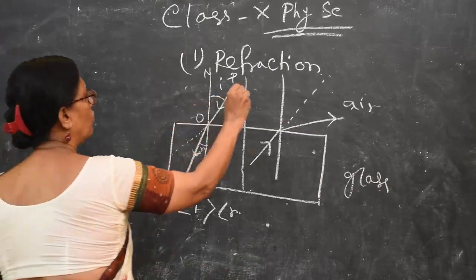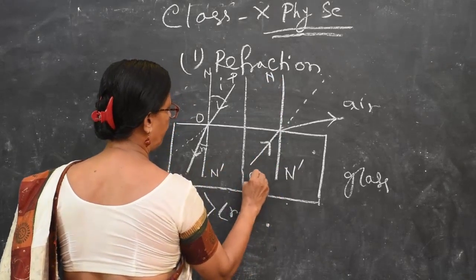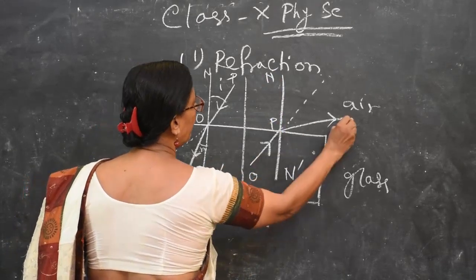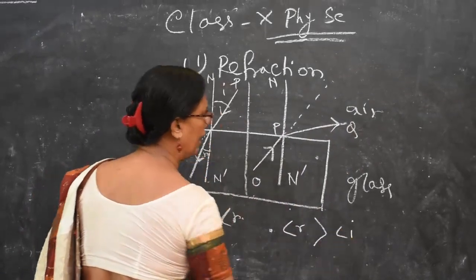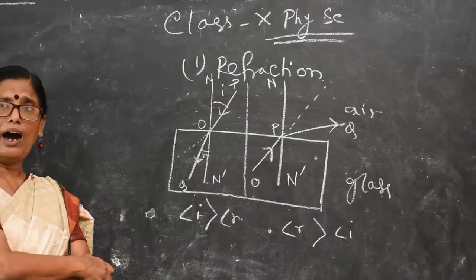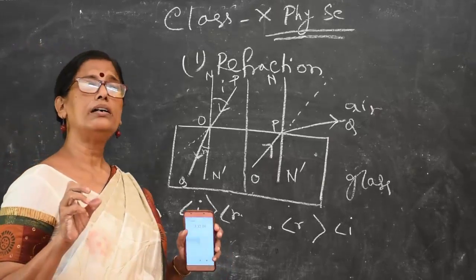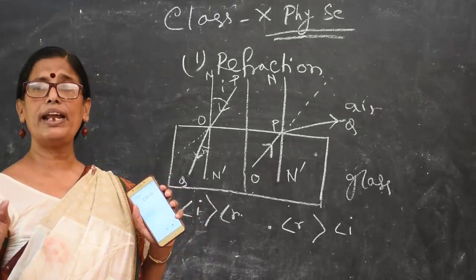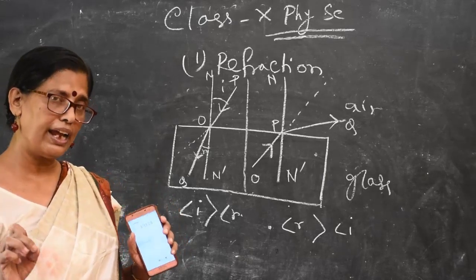So here also it is the normal and it is O, P, Q. Here angle R is greater than angle I. Whatever it may be, angle I and angle R are different. So the difference of these is called the deviation.